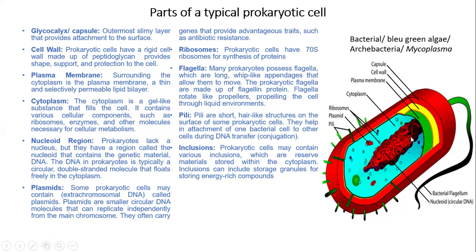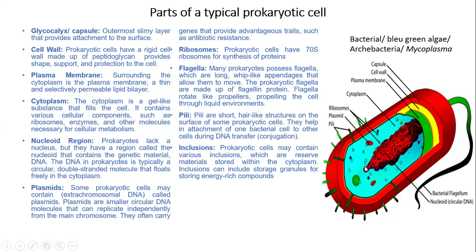Hence, the genetic material is suspended in the cytoplasm without a covering and is known as nuclear DNA. Due to the absence of a proper nucleus, other cell organelles are also absent, except for the ribosome. Mitochondria, endoplasmic reticulum, Golgi bodies, etc. are absent in the prokaryotic cell.